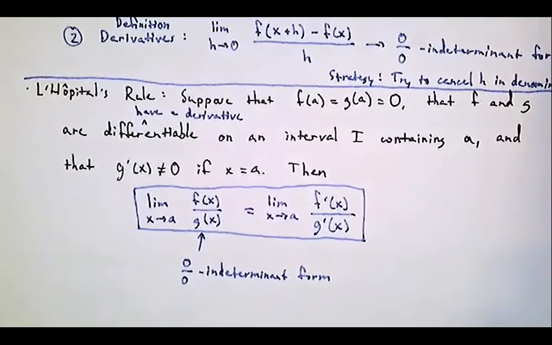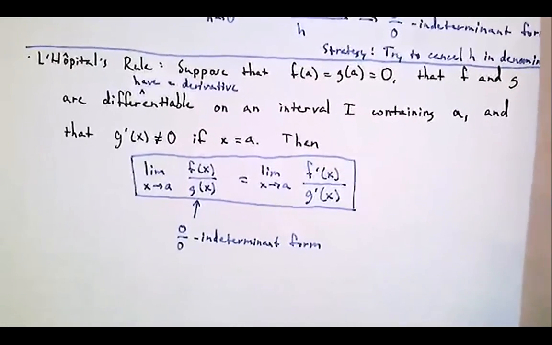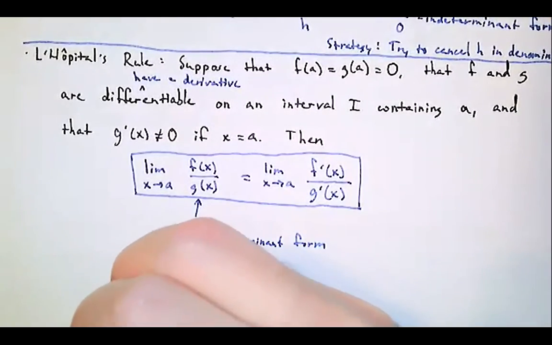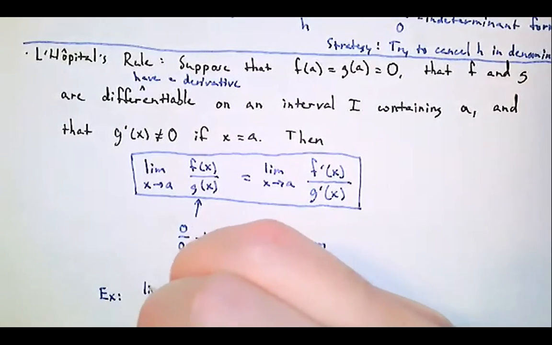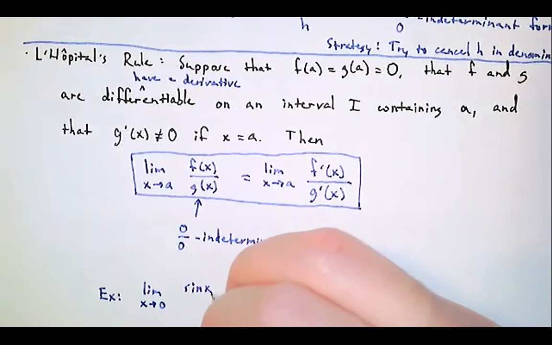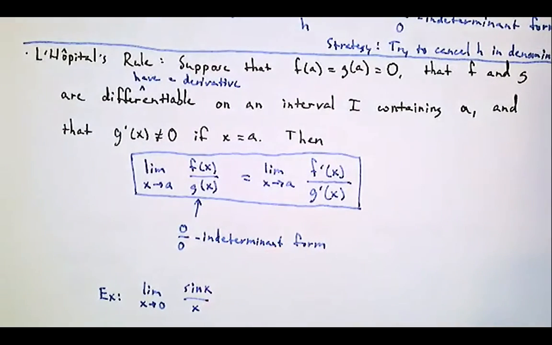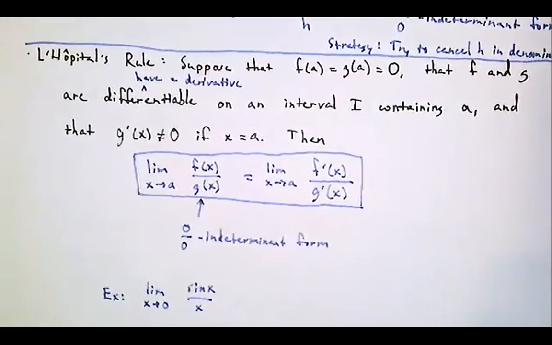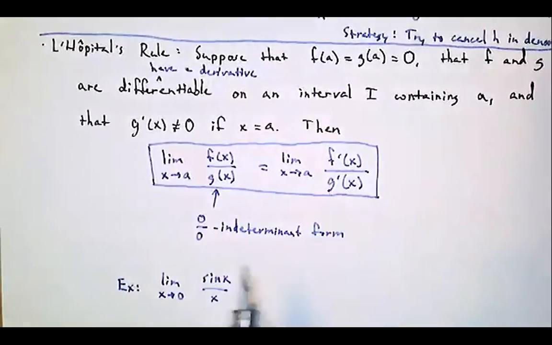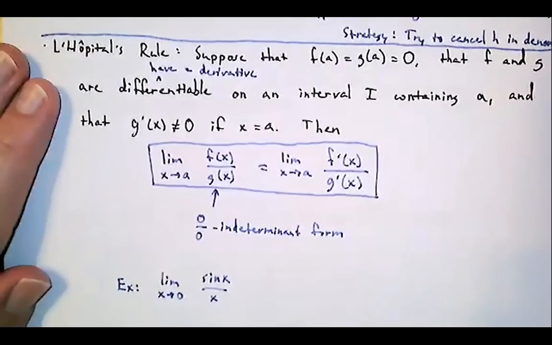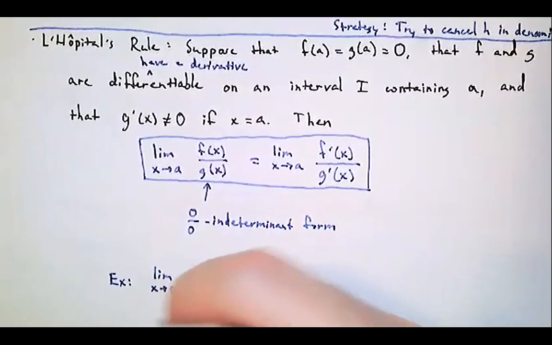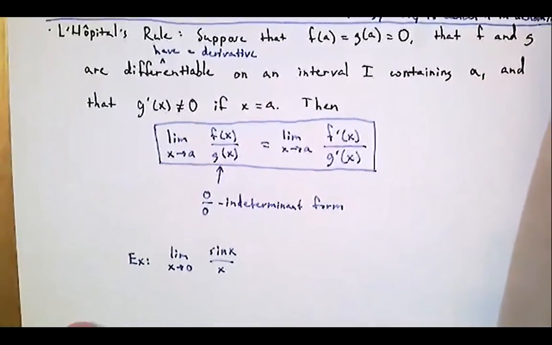Okay, so let's go back to that first example, just so we can be sure that we understand the theorem. This was the limit as x goes to 0 of sine x over x. Let's double check that the requirements of the theorem are satisfied.